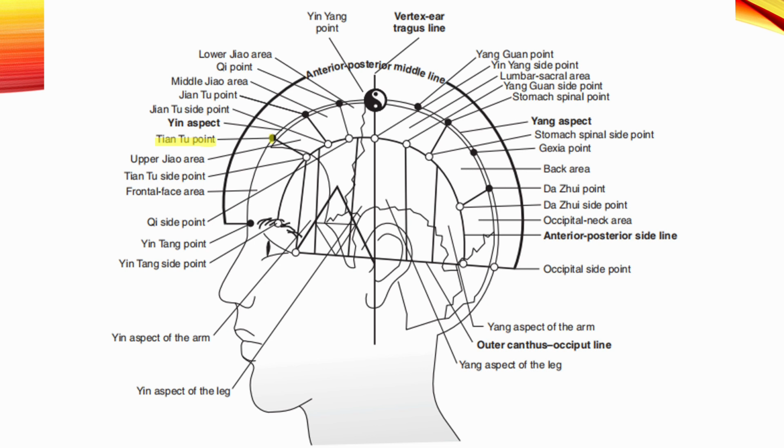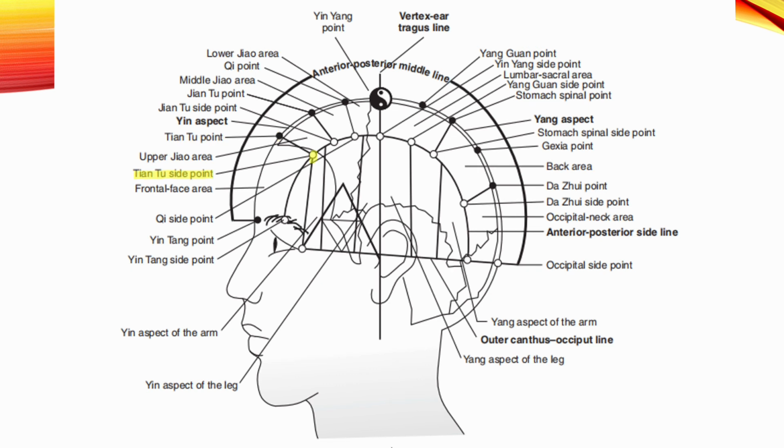Points, lines, and zones on the Yin aspect. Tian 2 point. This is the point 0.5 Sun directly above the midpoint of the anterior hairline. Tian 2 side point.